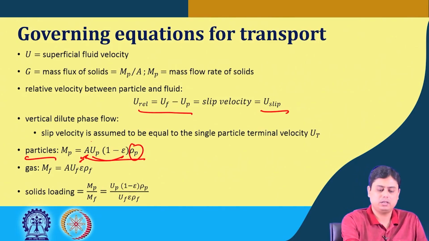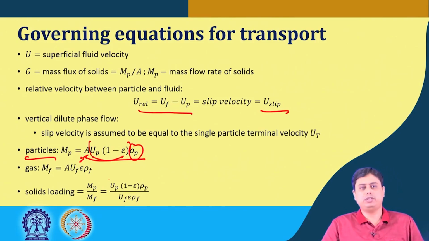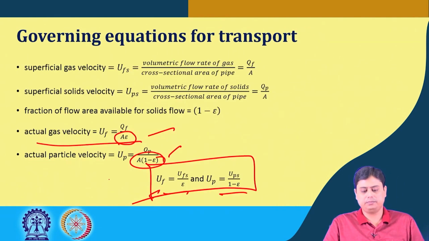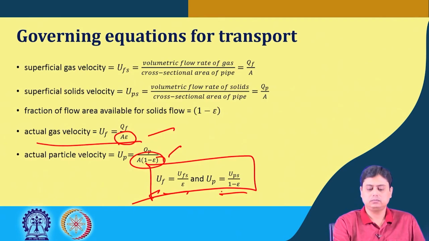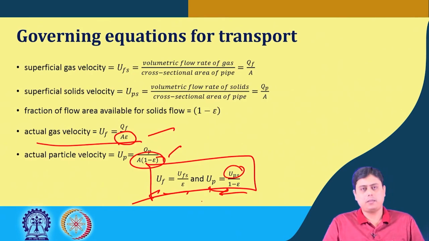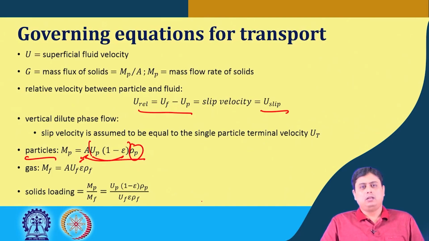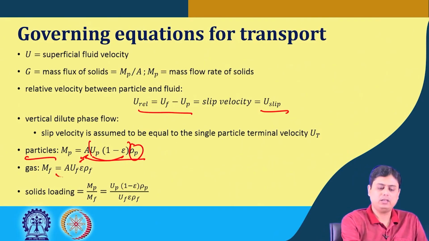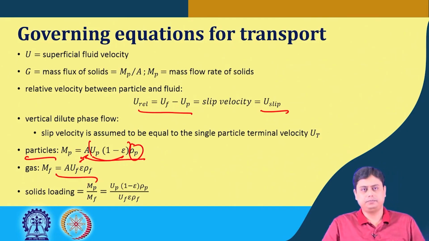This whole parameter is basically the superficial velocity, because if you look at this expression, the superficial velocity is the actual velocity multiplied by 1 minus epsilon. Similarly, for the gas phase, the mass flow rate of the air or gas phase, we can write this expression.